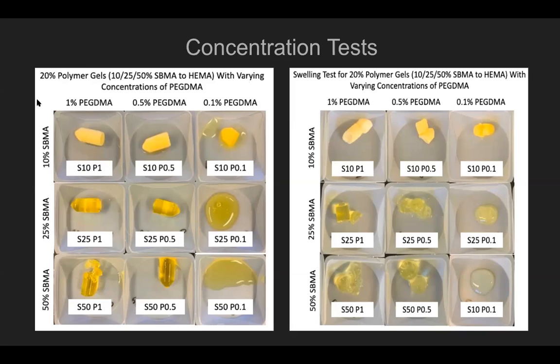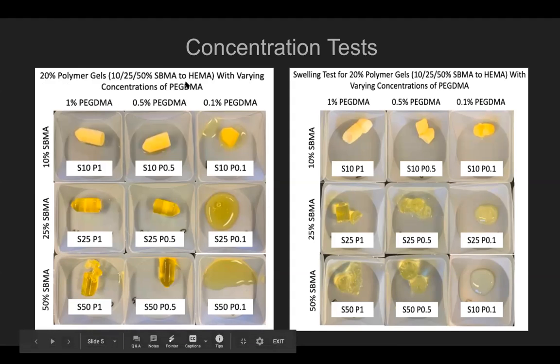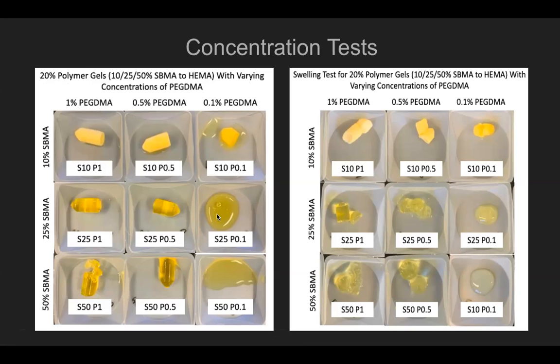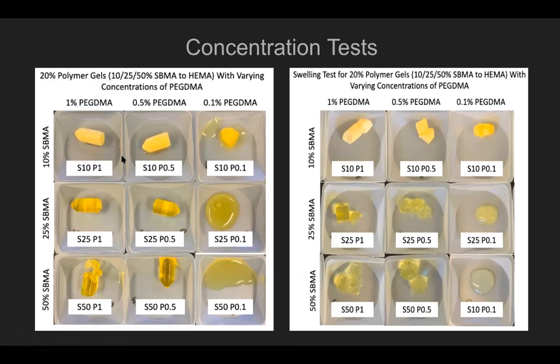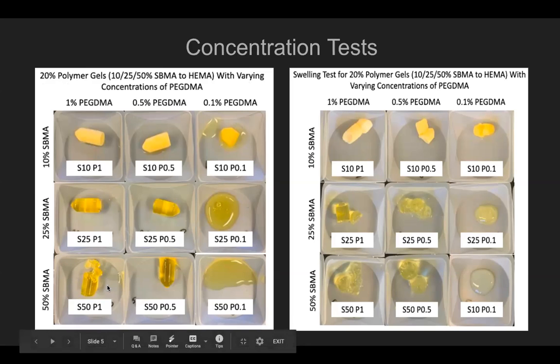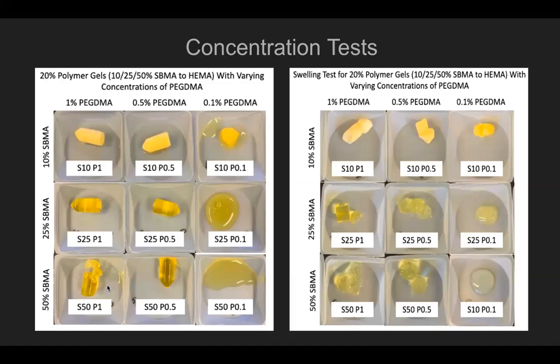As you can see on this left figure, I was using a 20% polymer solution, and I was varying my PEGMA concentrations and also my SBMA monomer to HEMA. You can see that these are more of the gels we want, because the ones with the higher concentration of PEG were too brittle and stiff, and in this last one you could see they would break apart and then they wouldn't form a coherent gel again.